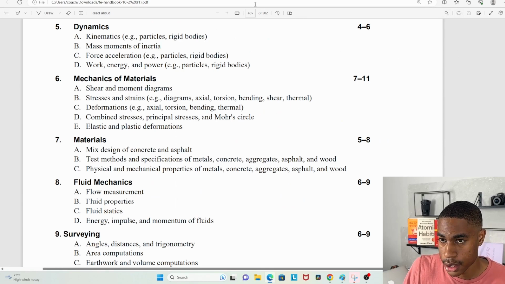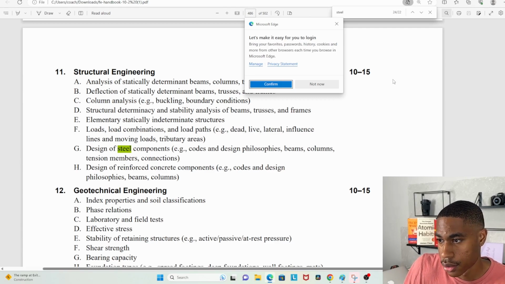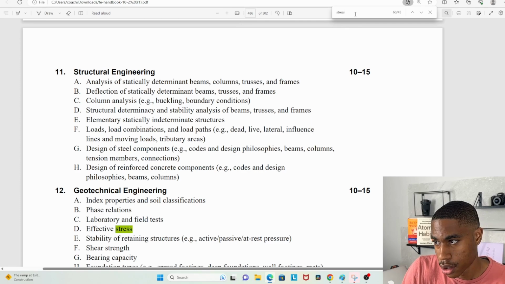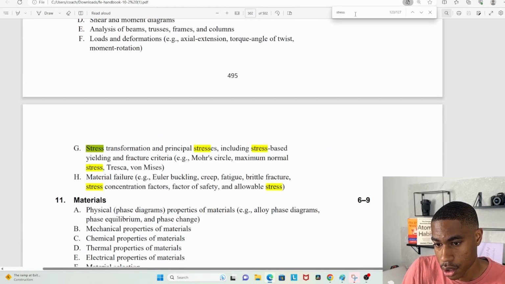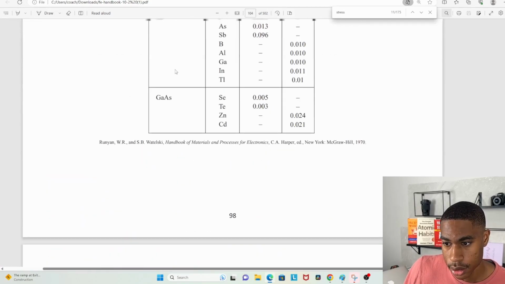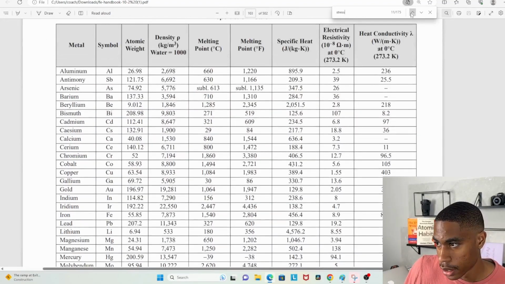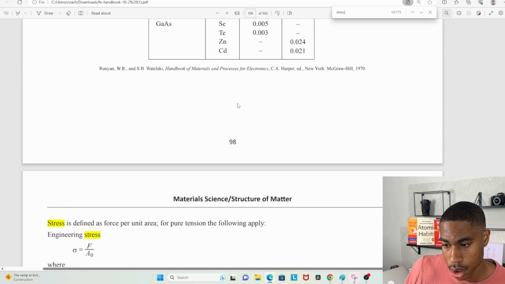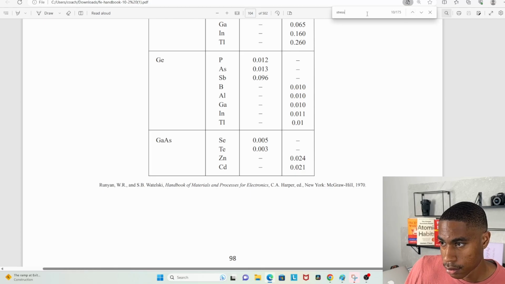I normally like to go to the mechanics of materials section, really. But we'll just do a Control F and type in stress.